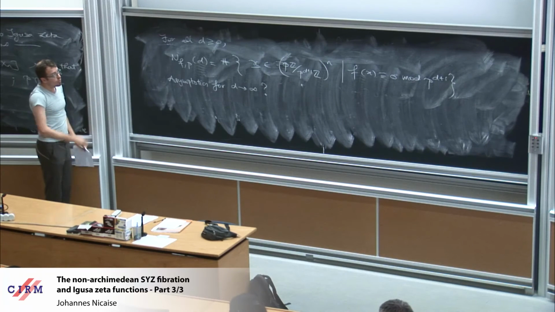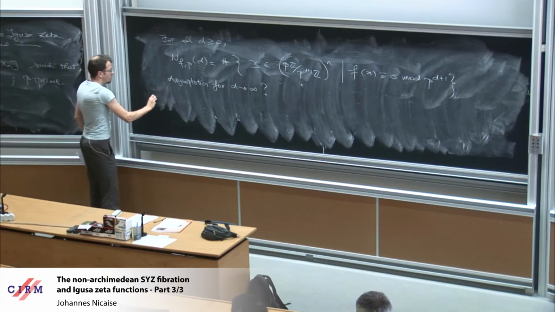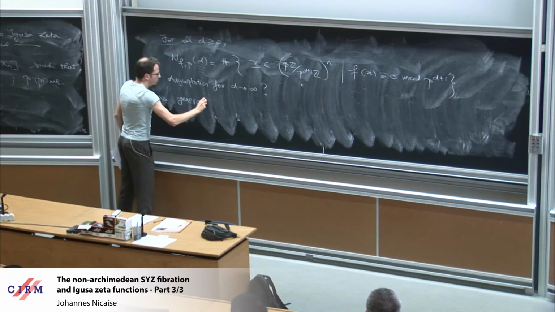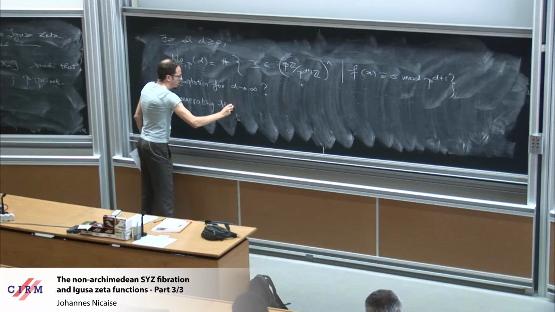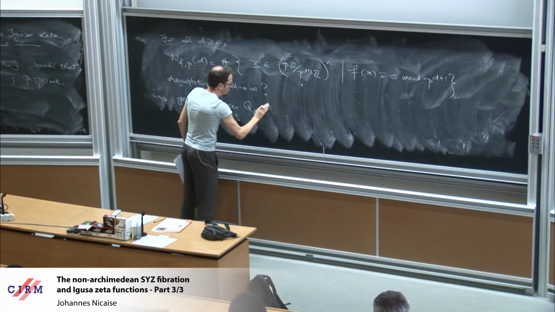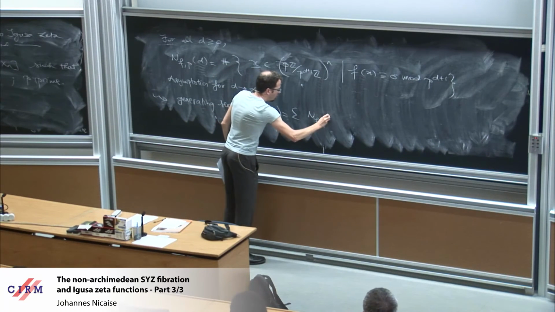Well, if you want to understand the asymptotic behavior of a sequence of numbers like this, the natural thing to do is to form a generating series, whose coefficients are exactly the numbers that we've just defined.